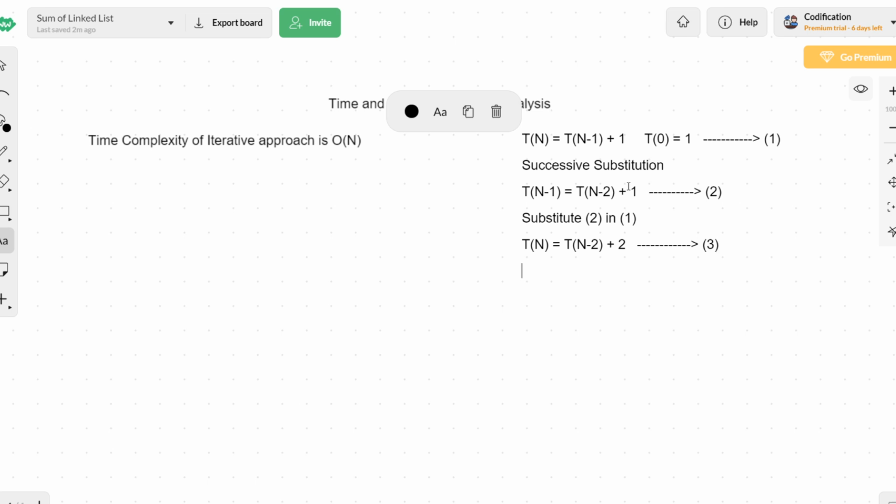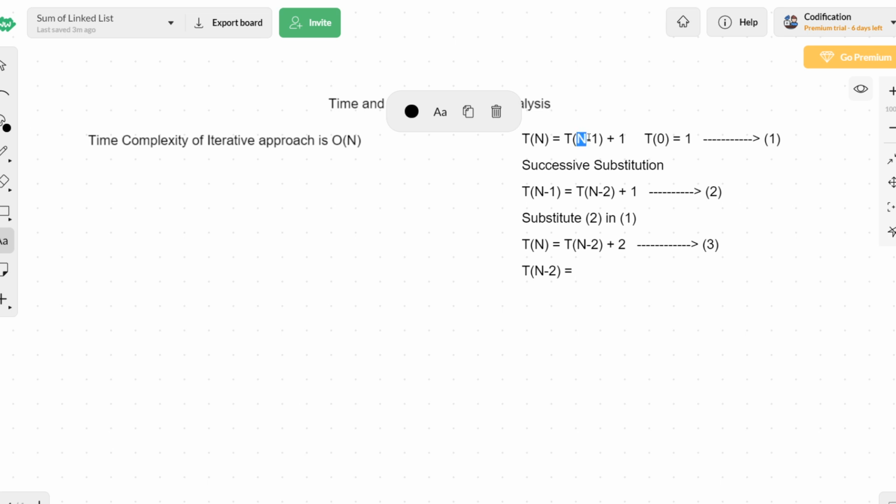Now the next job is to find the value of t of n minus 2. So how to find the value of t of n minus 2? In equation 1, instead of n, substitute n minus 2. Already on the left side, instead of n, we have substituted n minus 2. On the right side also substitute n minus 2.